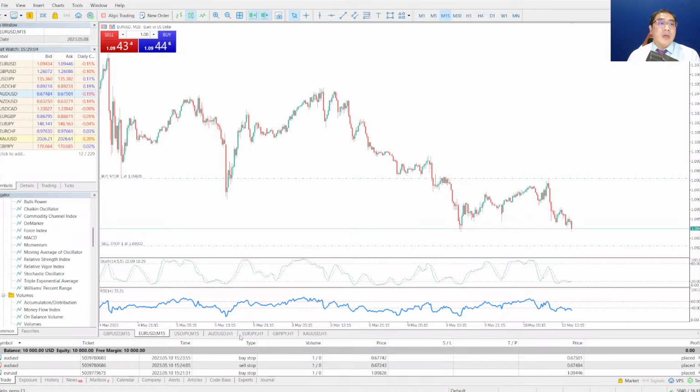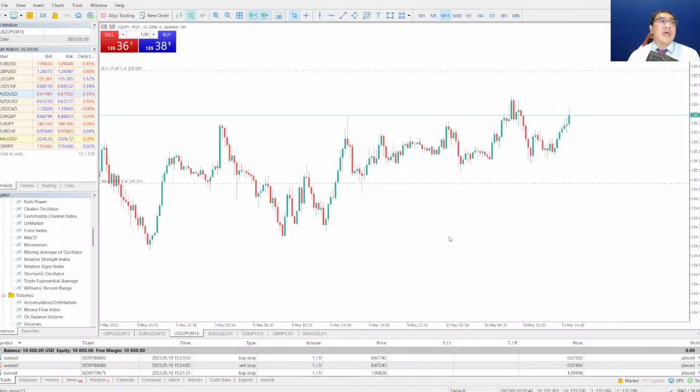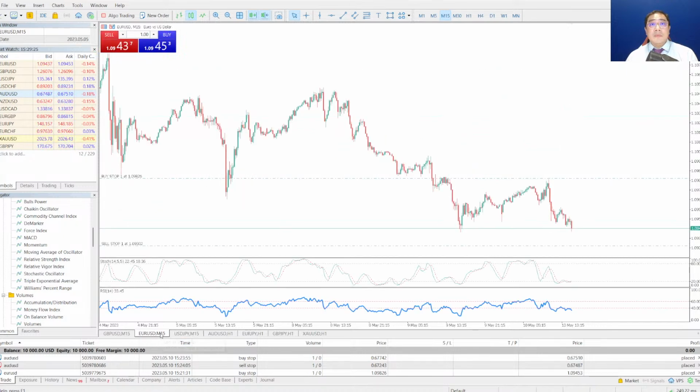Buy stop for the dollar Japanese yen, it's at 135.60, just 10 pips above 135.50. Sell stop at 135. Should be enough room. All right, any minute now, we're gonna get the numbers. Maybe we should look at the euro. I think this one here kind of pauses a little bit, just waiting for the numbers, right?